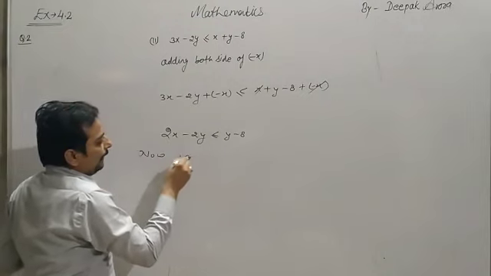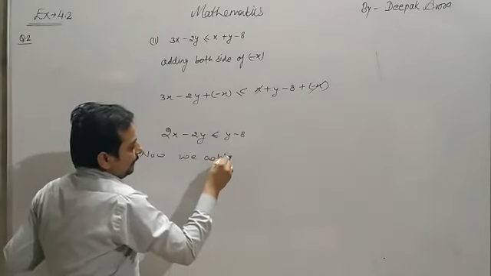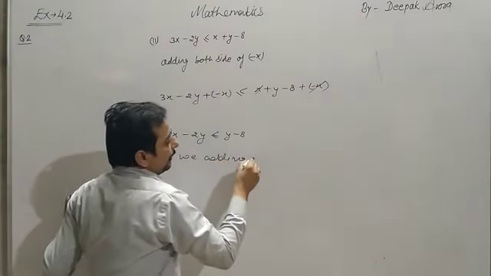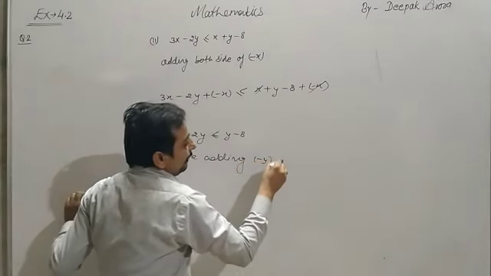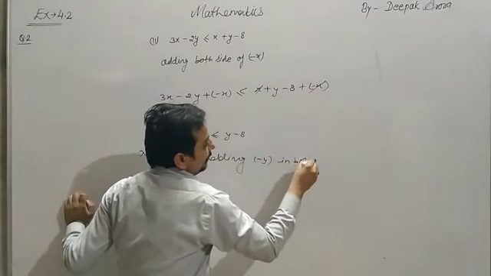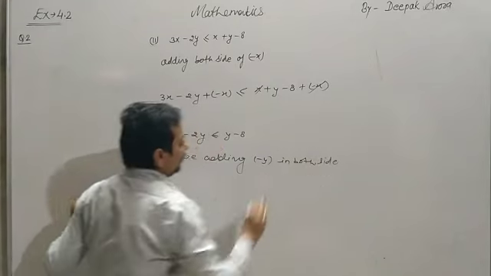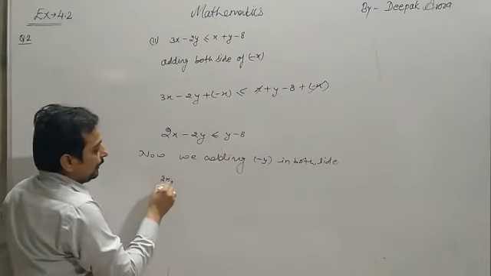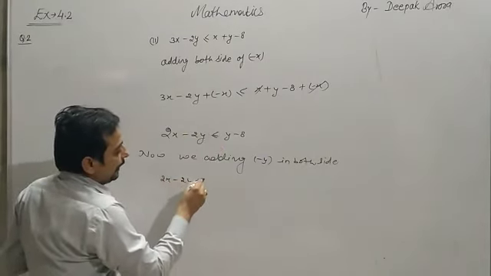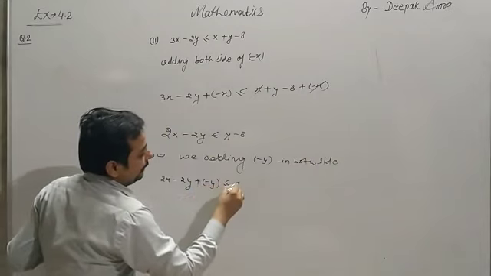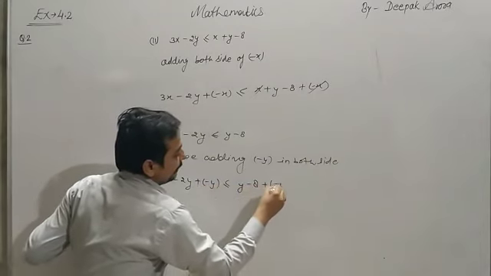Now again, we add minus y to both sides. So my equation will be 2x minus 2y minus y is less than y minus 8 minus y.